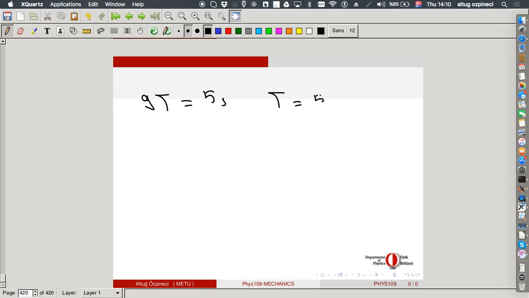So the period is 5/9 seconds for a length L is equal to 9.91 centimeters. Let me change the length. Okay, now it's something around 20.